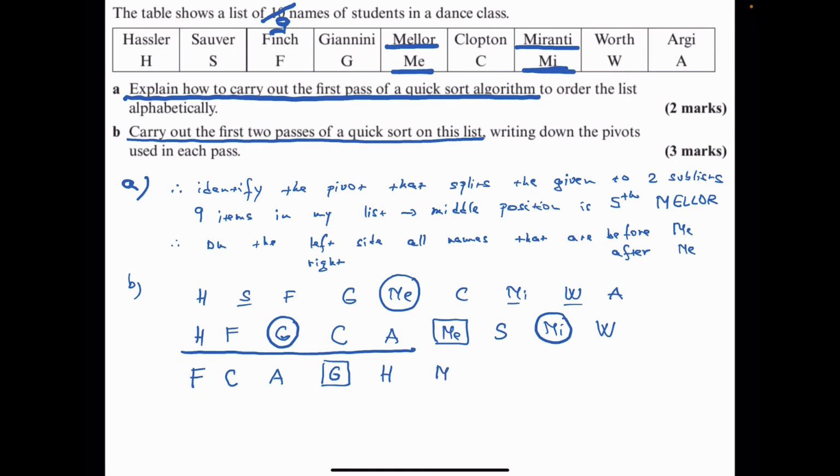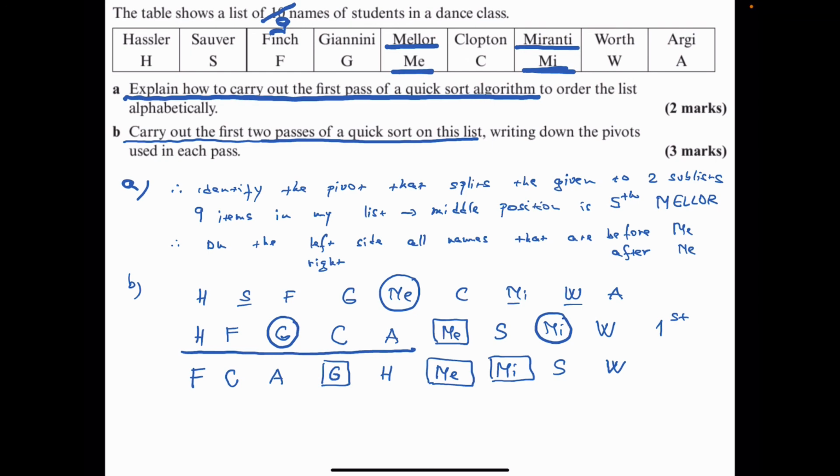Then ME is already fixed. And then both S and W come after MI. Okay, S and W.